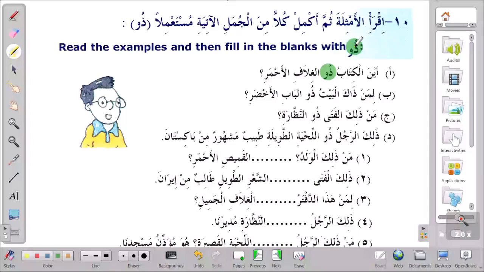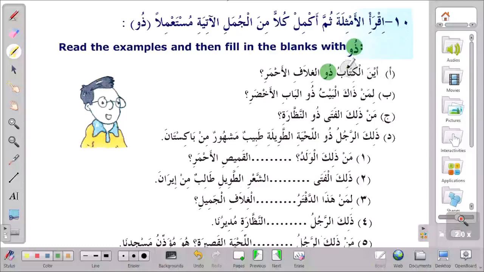It comes to mean possession of something, but it depends on the context. You can't really give one English word to it. But whenever it comes, the idea is that something possesses something, or something has something. I hope that is clear.